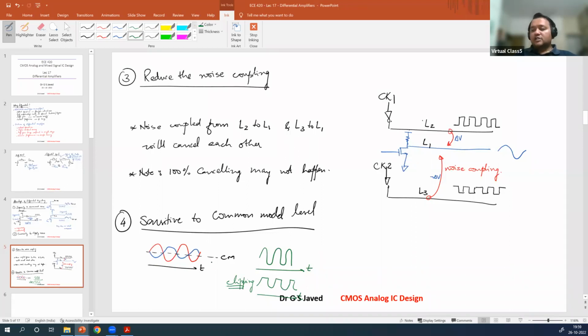Suppose common mode shifts downwards. Now that you have seen this going upwards, what happens when it goes downwards? If the common mode moves downwards, the graph will now start to clip below.